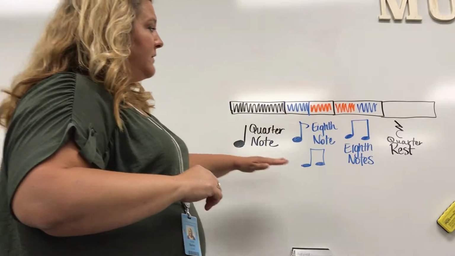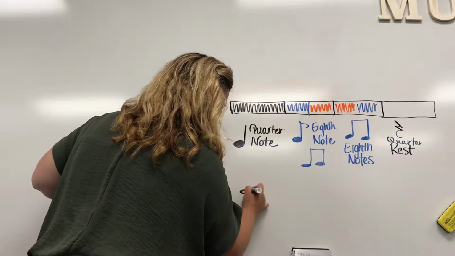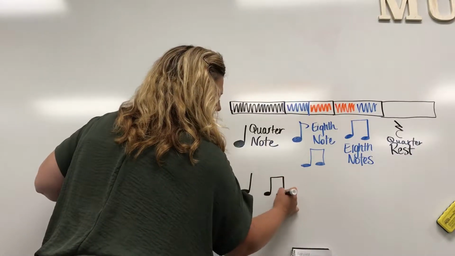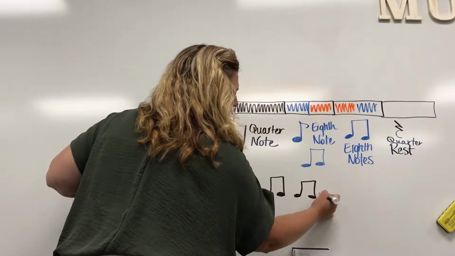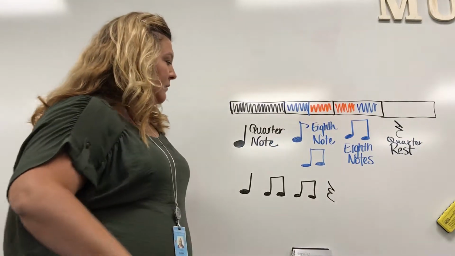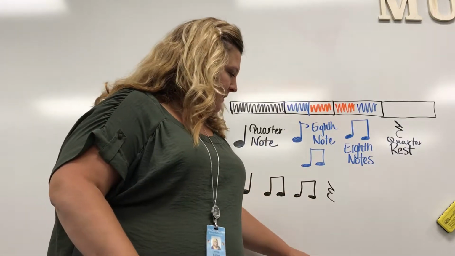Now, if I take all of those pieces and put them together in a rhythm, it's going to look like this, okay? And when I have a rhythm that looks like this, I can clap it.